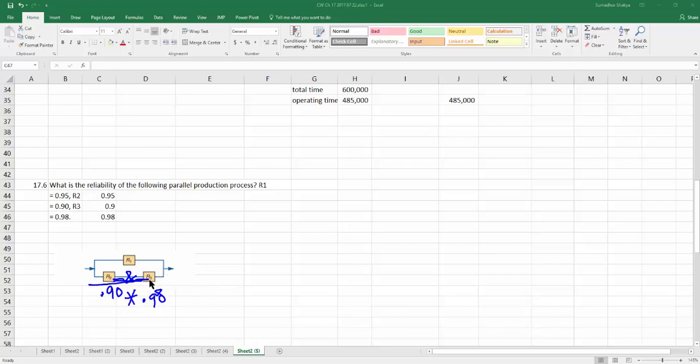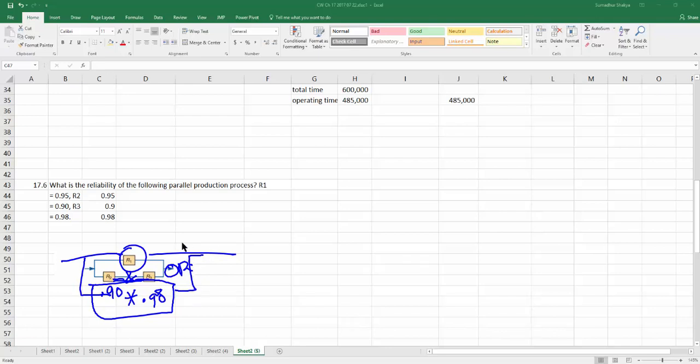Okay. Then whatever the combination of that happens to be, we will treat that in parallel, or R1 has to work. So either the system of R2 and R3 has to work, or R1 has to work. In either case, we will have a working system.